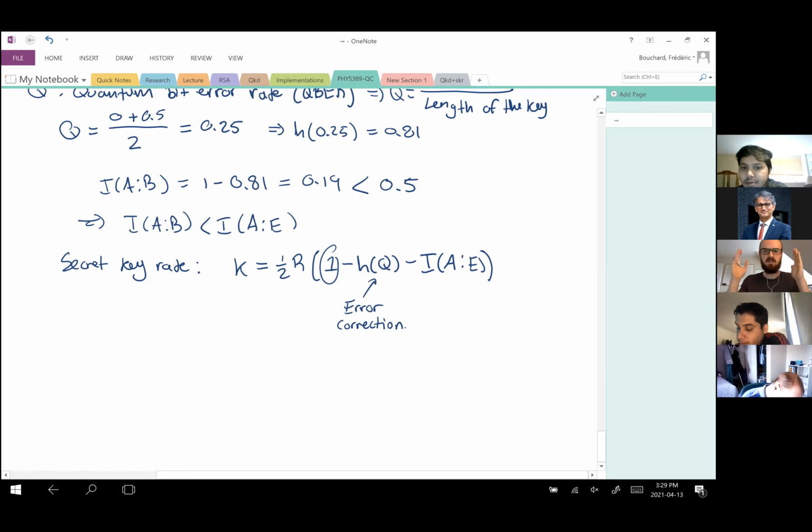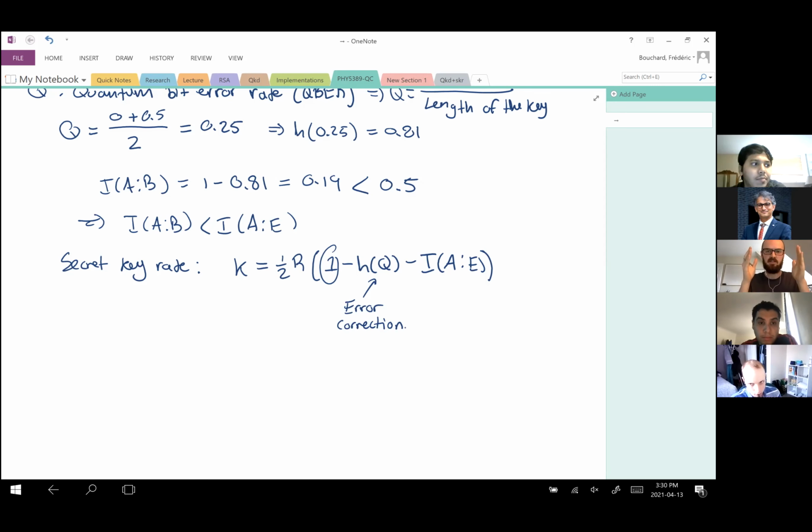The first thing you want to do is get rid of your errors, because if Alice and Bob don't have the same key, and they send a message to one another, there's going to be some errors in the message. That will come at a cost, and the cost is exactly the Shannon entropy of the error rate. So that will shrink your secret key.